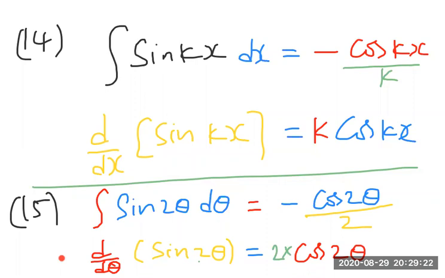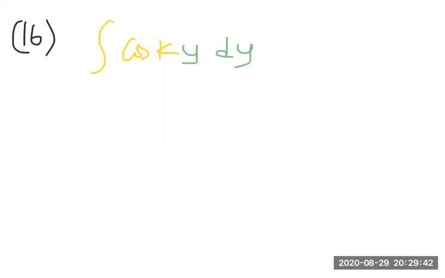Here, the 16th one, I am taking one more example: integral of cos ky dy. Why every time are we taking x and theta like that? Let me take cos ky dy. So this is the formula.